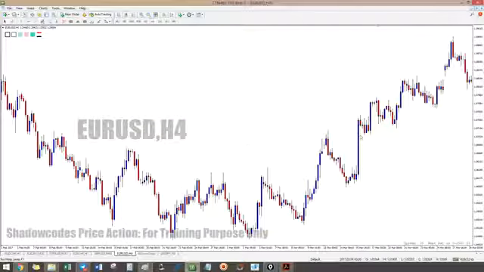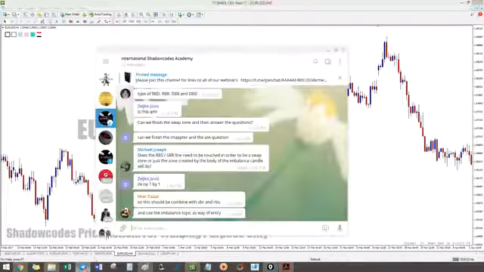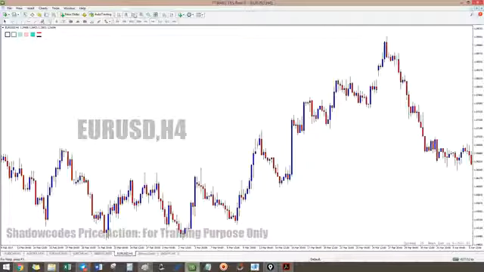So Michael's question was, does the RBS SBR line need to be touched in order to be a swap zone, or just the zone created by the body of the imbalance candle will do? I will answer this in chart. Let's draw it like this.